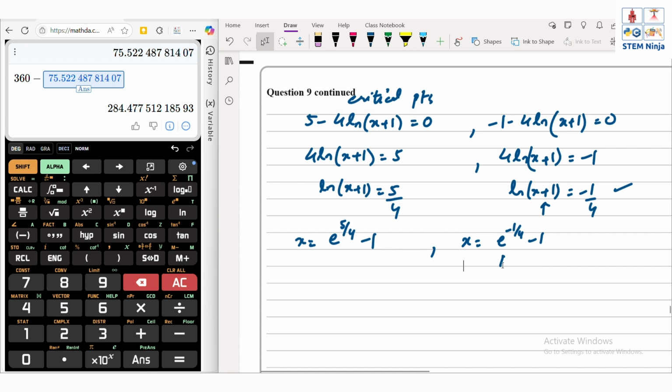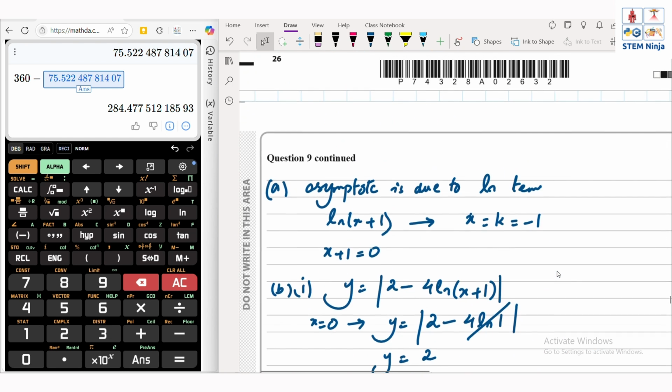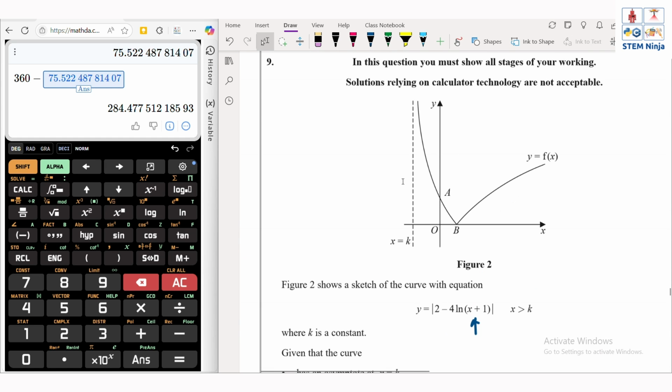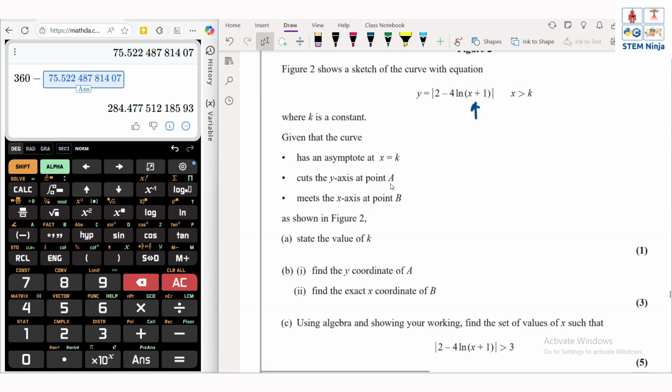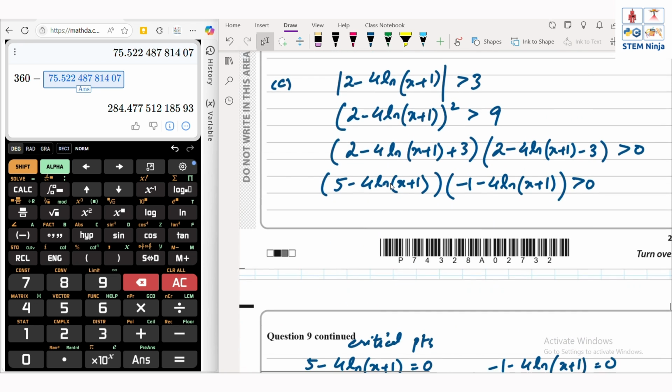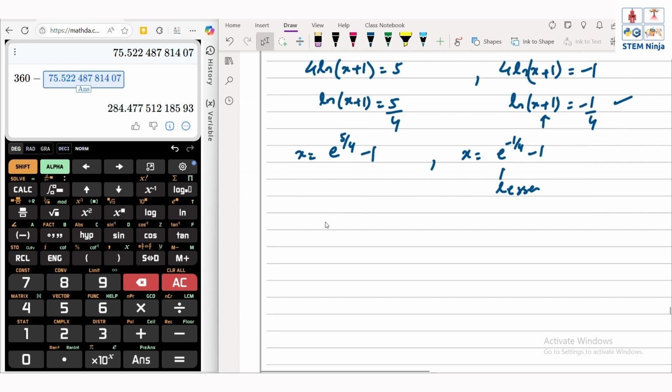This one is lesser. And we need to remember that we have a minimum x value over here also. So it's between k and that point. So that means we have −1 < x < e^(−1/4) − 1, and x is greater than e^(5/4) − 1.